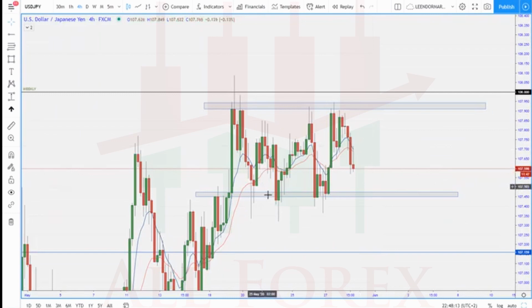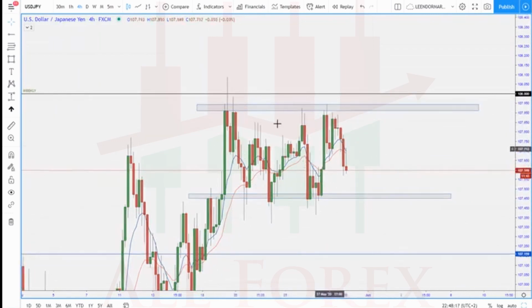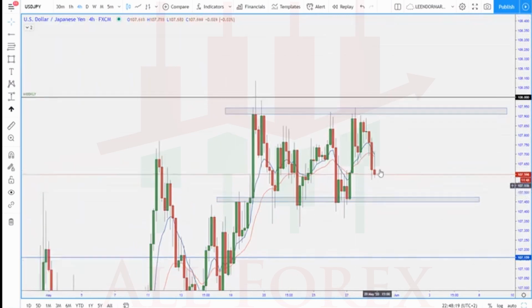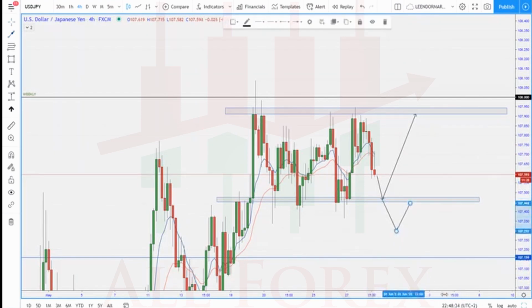I can see that the market has been struggling around this level. The market has been ranging around these levels, and there's a high chance that we can see a drop on this level. And if not, a push to the upside, we can get a breakout of this level and a retest of this level, and from there we can see this immediate support from the daily.